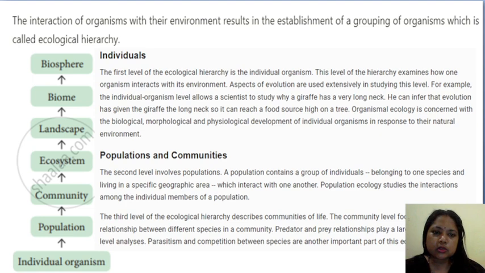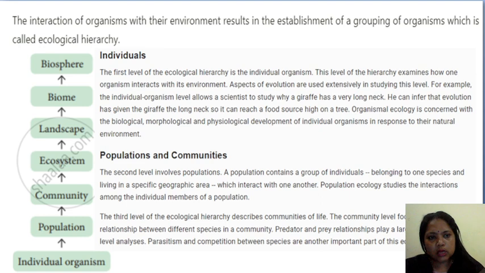So next, here I told you that we will discuss the population hierarchy in some different way. Means here individual organism, then population, then community, then ecosystem, then landscape, then biome, biosphere. Okay, so the interaction of organisms with their environment results in the establishment of a grouping of organisms, which is called ecological hierarchy.